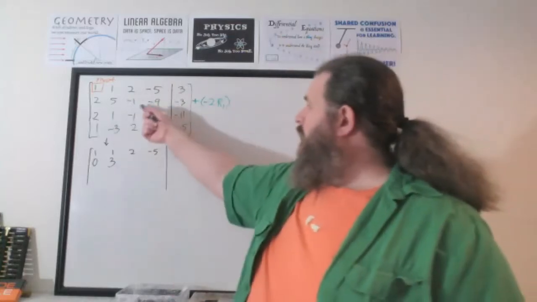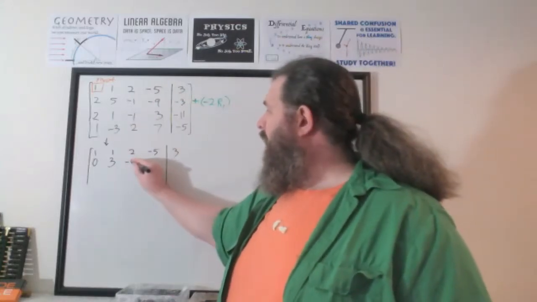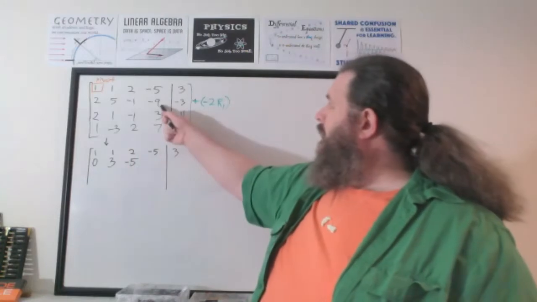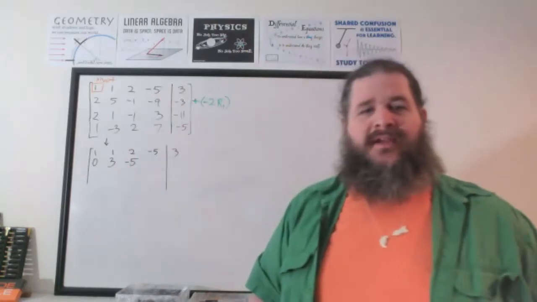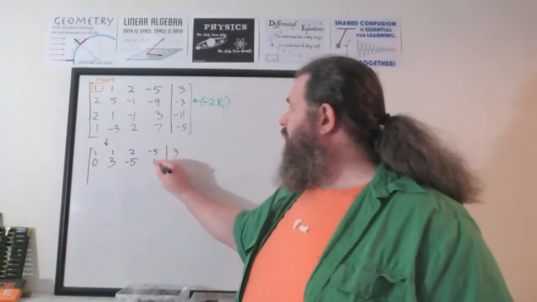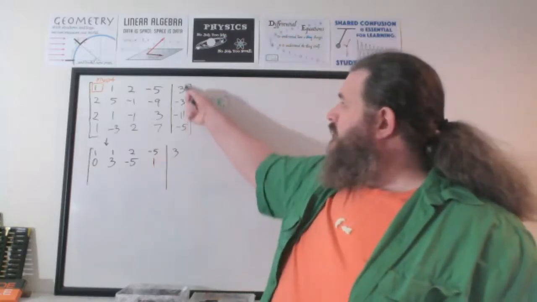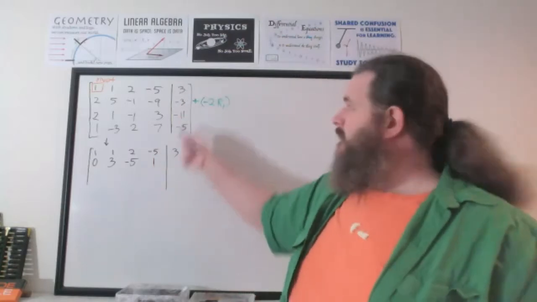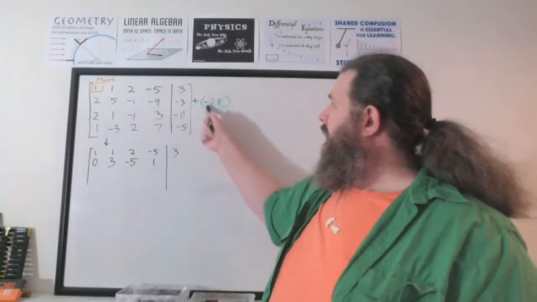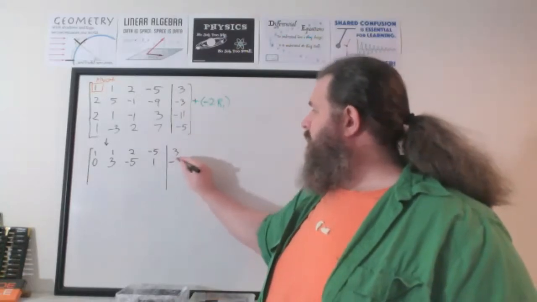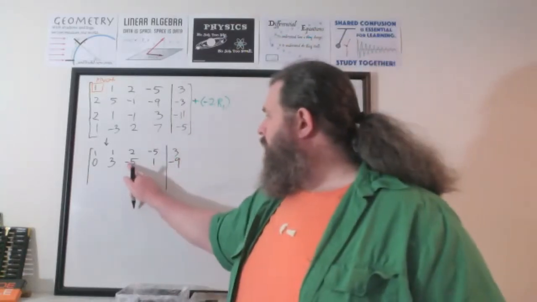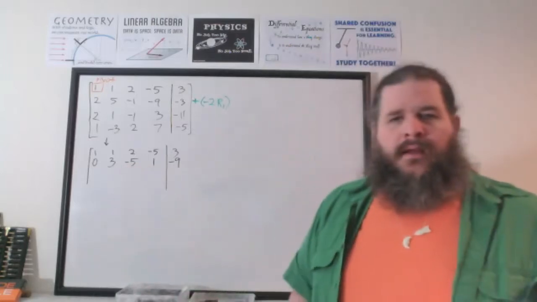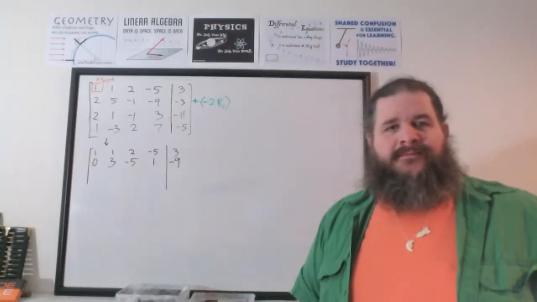So we've got -1, we're adding -4, we get -5. -9 plus 10 from the -2 times -5 becomes +1. And also, since these aren't zeros, we do need to keep track of them. -3 plus -6 becomes -9. So that's our new second row. Any questions on that so far?